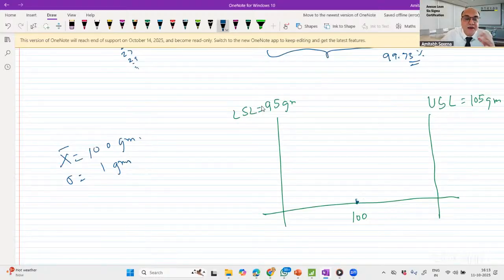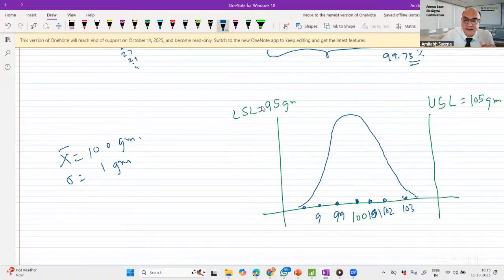So how will their chocolates behave? 100, 101, 102, 103, and 99, 98, and 97. Are you with me? Almost none go beyond the specification limit. The customer is always happy. The customer is very happy.